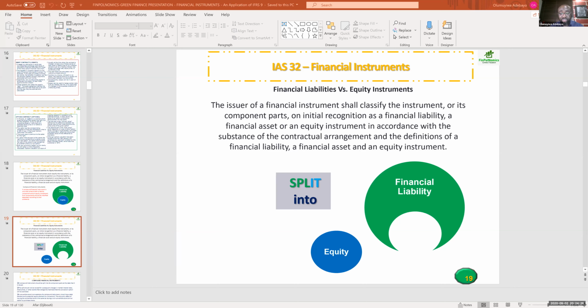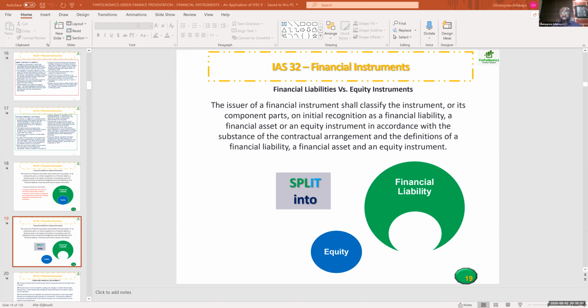Now, the present value you obtain from those cash flows represents the amount of the financial liability. If what you derive from that 1 million after discounting is 950,000, then 950,000 represents the liability component. The residual, which is the difference between the face value of 1 million and 950,000, the present value, represents the equity component, which is 50,000.